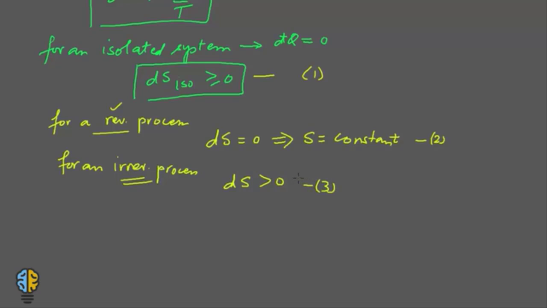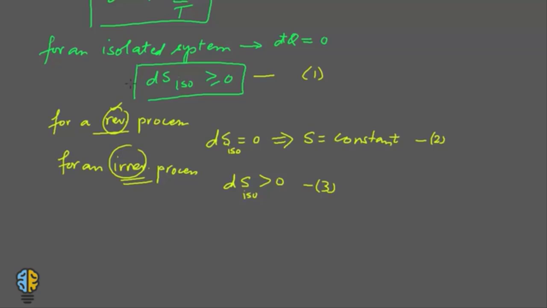Now it is thus proved that the entropy of an isolated system can never decrease. Okay, so I can also say that this is an isolated reversible process or an isolated reversible system, and this can also be for an isolated irreversible system.